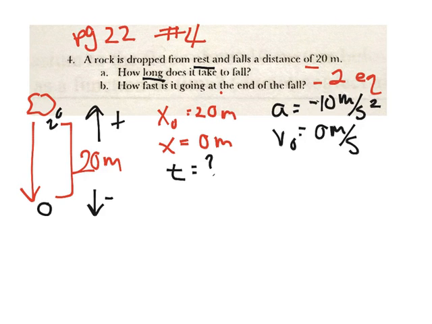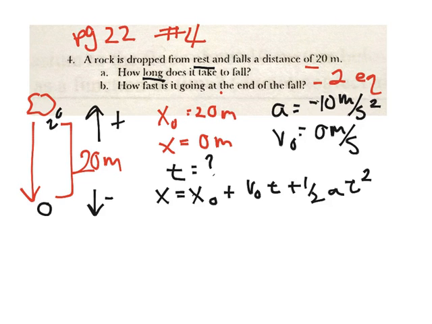Alright, looking at all of these things, what equation should we use? Hopefully, you can look at your 3 equations that you've written down and be like, aha, it's our first equation: x equals x0 plus v0 times t plus 1/2 a t squared. So we got our equation from here.